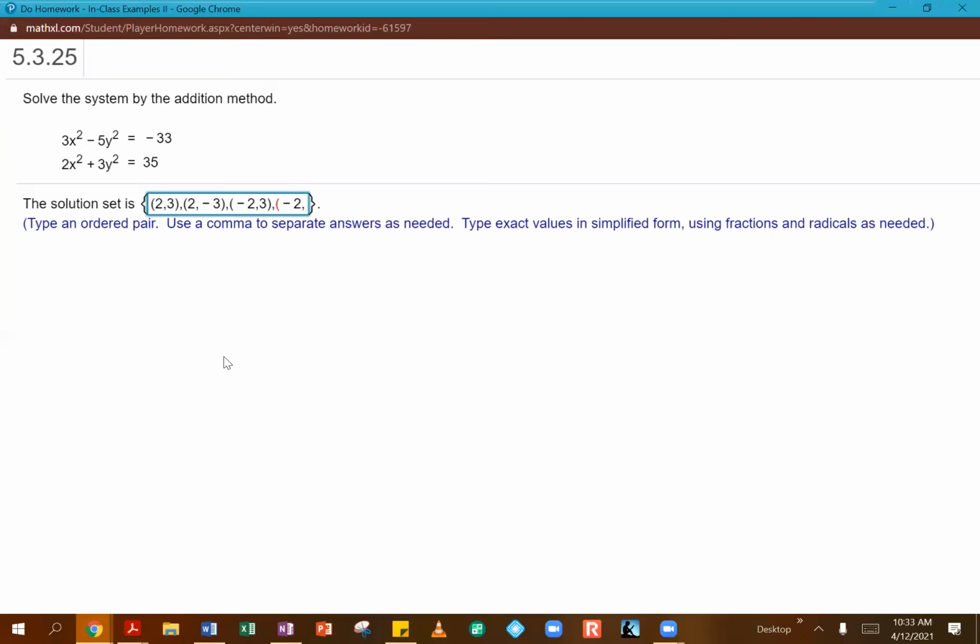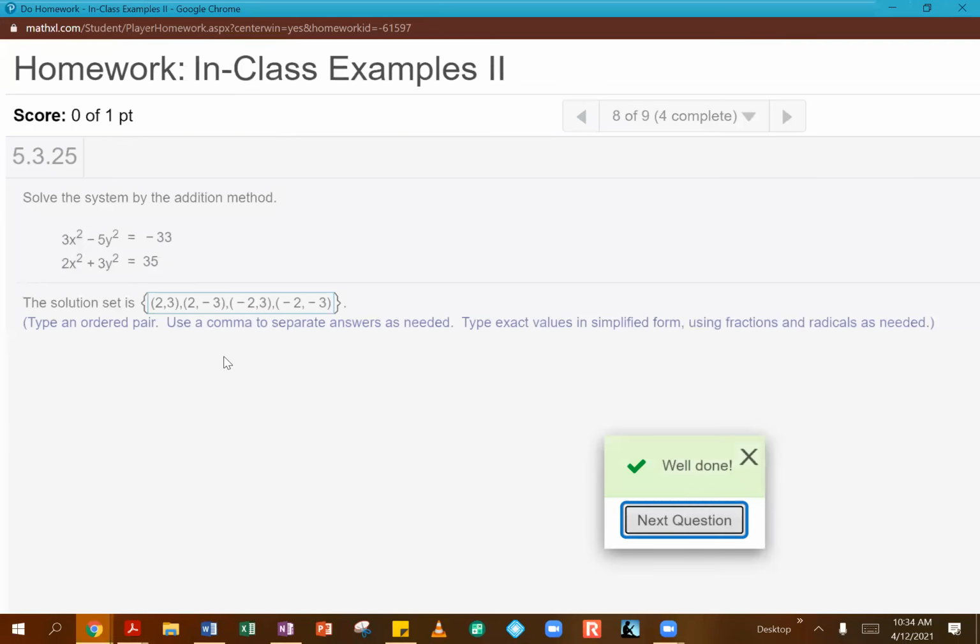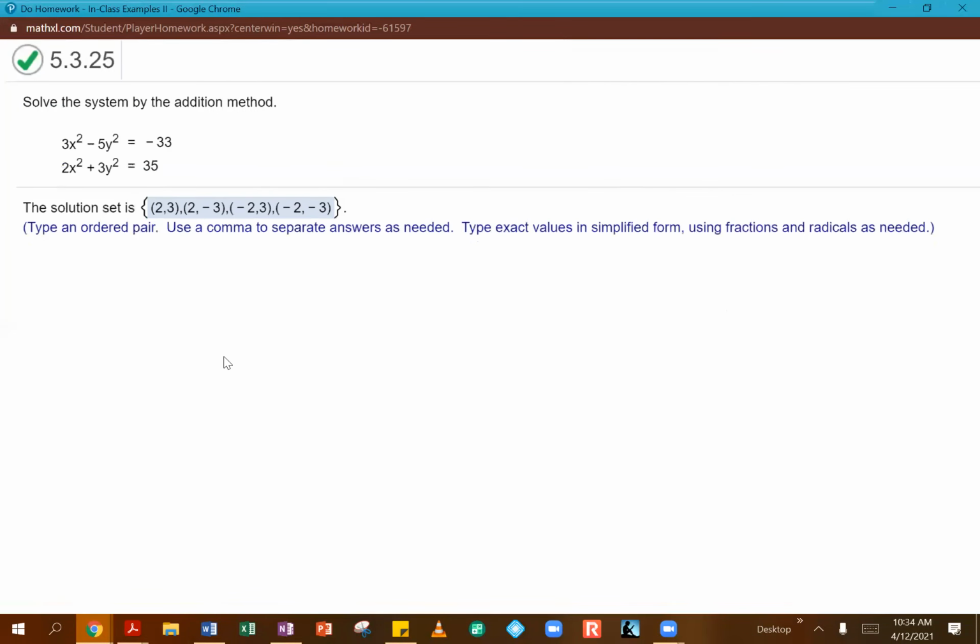And then negative 2, negative 3. So that takes care of all of those. Yes, Jess, that is correct. All righty, very good.